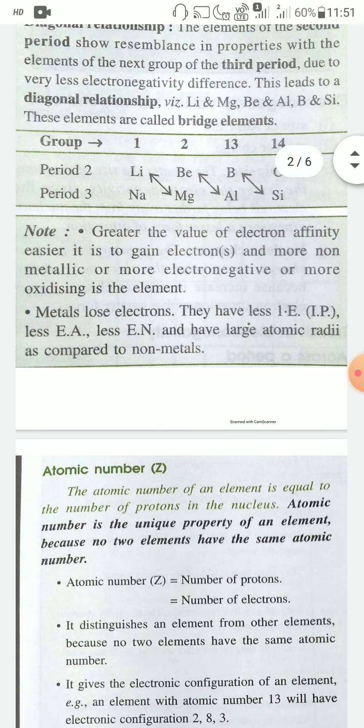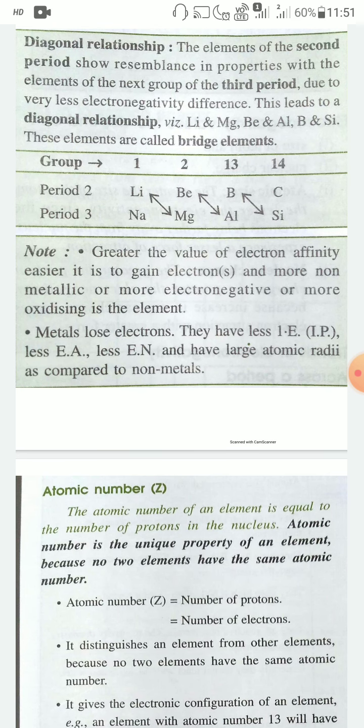In the periodic table, it is generally found that some elements of the second period show similarity or resemblance in properties with some elements in the next group of the third period, due to very less electronegativity difference.